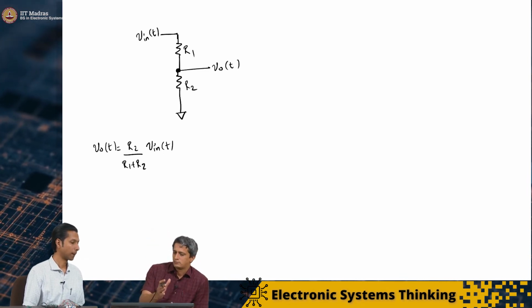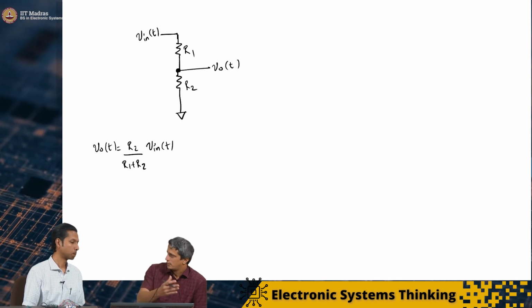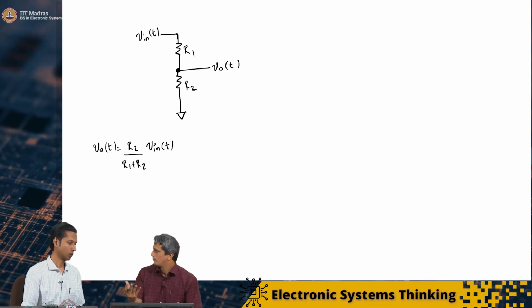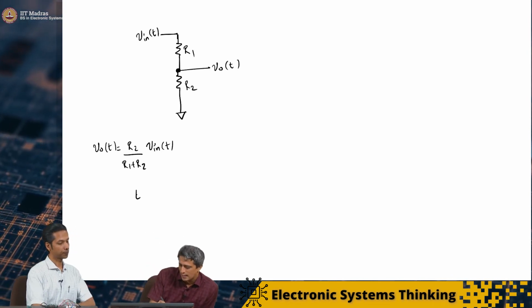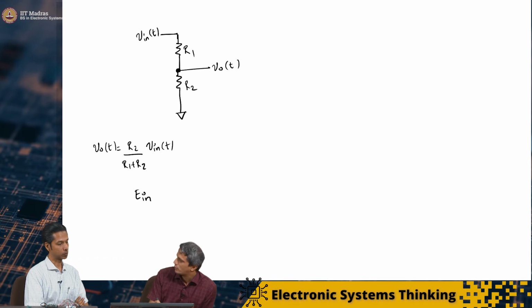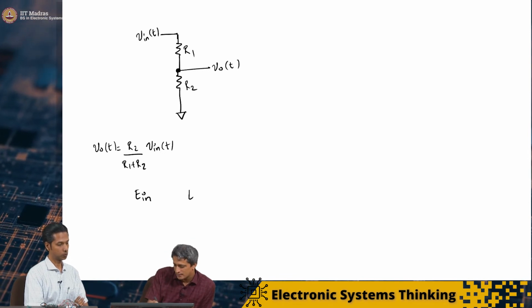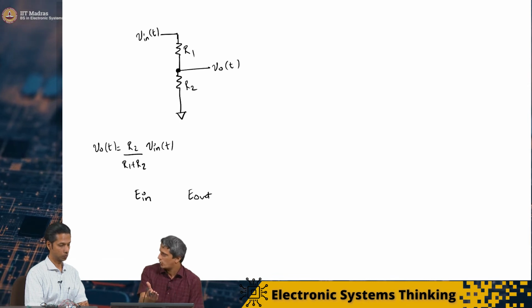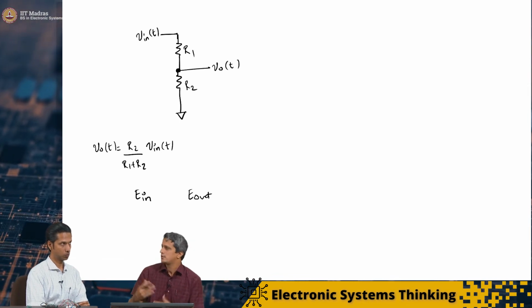So there are two signals with different energies, actually. There is an energy associated with the input and an energy associated with the output. If these two are sinusoids, then the energy can be calculated.